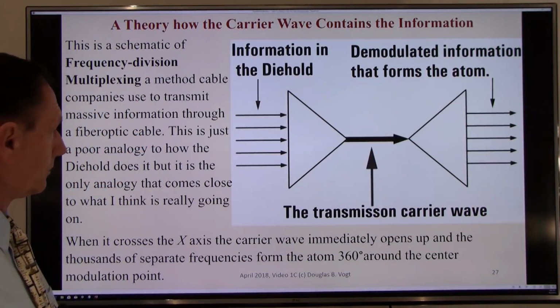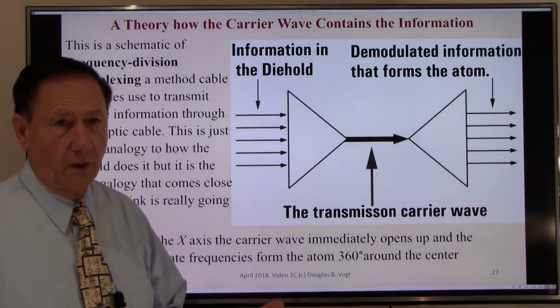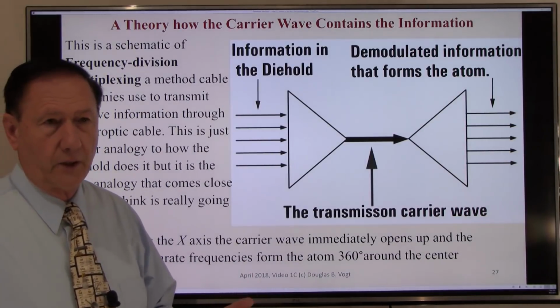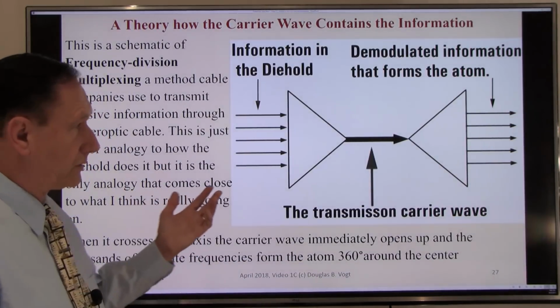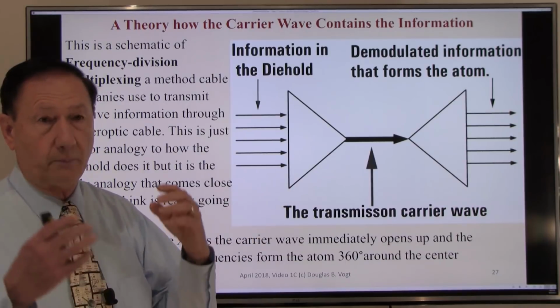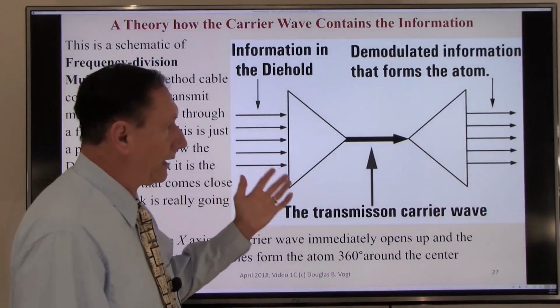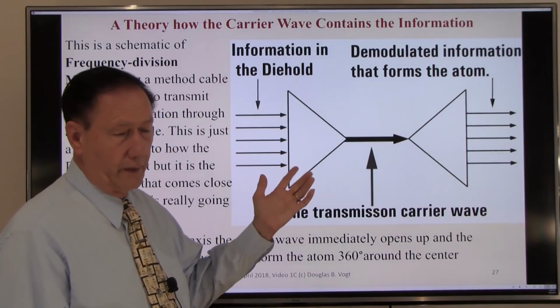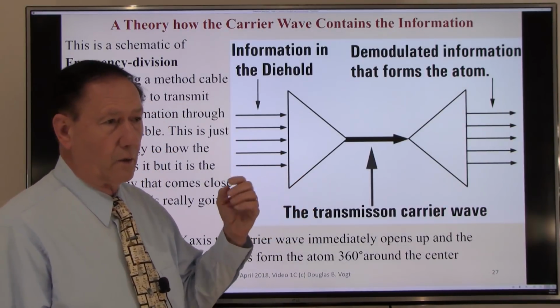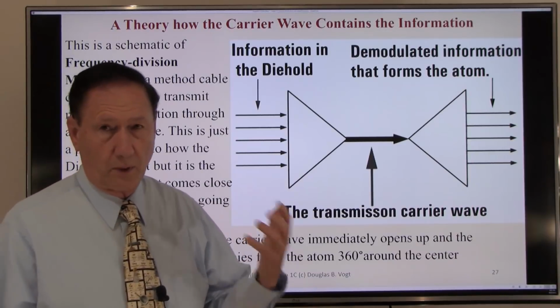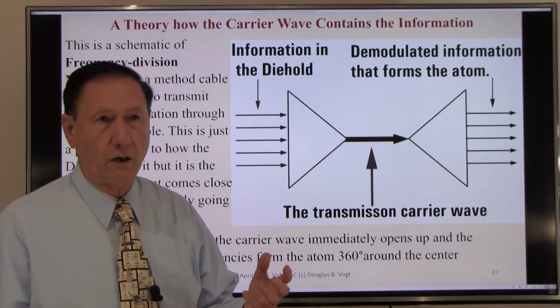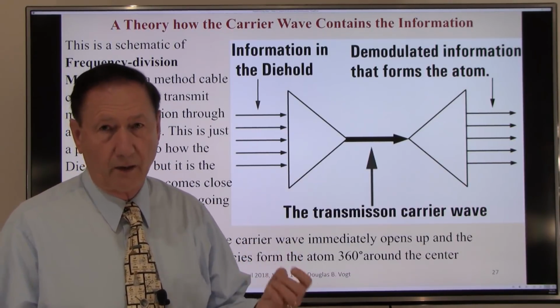Okay, now we get into the electronics part of how this information goes from the first dimension, transmission, and bursts out and becomes matter. Now, I'm using analogies of our current day inventions because we're a reflection of the universe that we're part of, therefore our inventions are a reflection of the universe that they are part of.